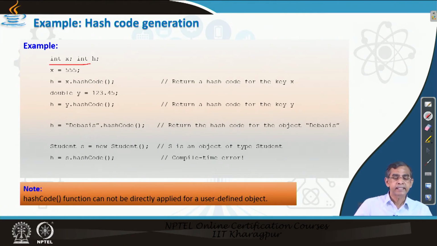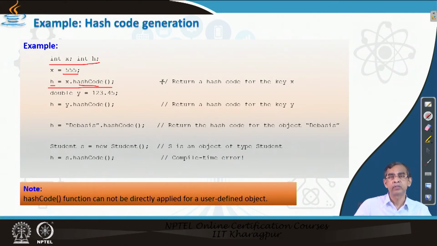So here x and h are two integer variables declared. Suppose x is 555, then if we call hashCode for this integer, it returns the hash value. The mechanism is internal to Java development; we should not think about how they convert an integer value to a hash value.